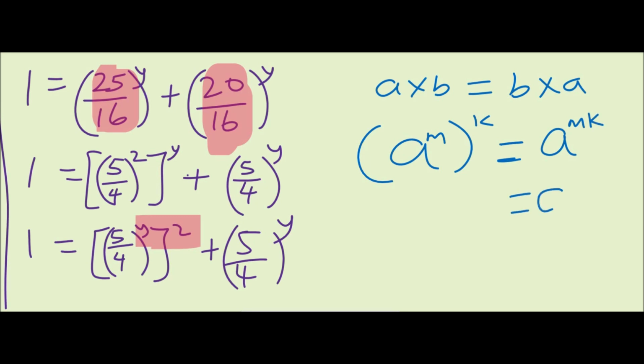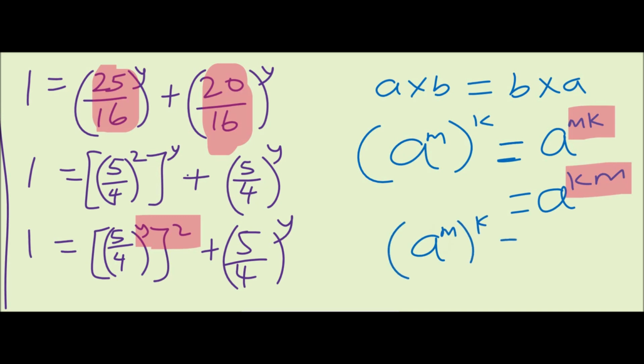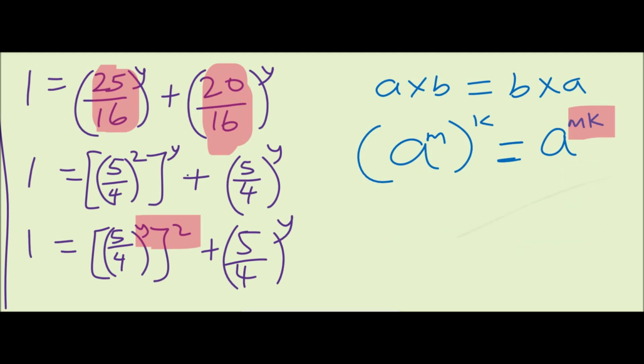It's still the same thing as a to the power of km, k multiplied by m. Since multiplication is commutative, mk and km are equal, so you can also interchange the powers. So a to the power of m to the power of k can be a to the power of k to the power of m. That is what I've used in order to arrive at this. So with that, let me clean this part and move on.